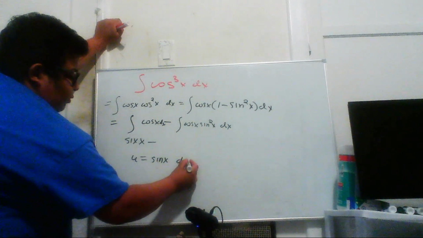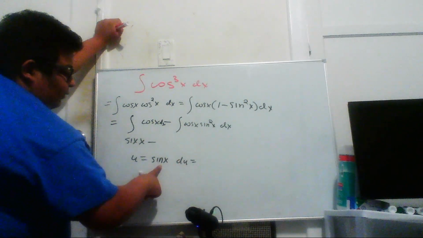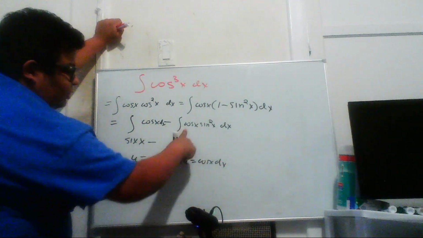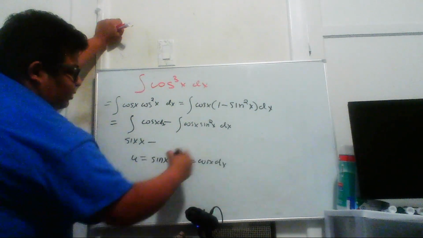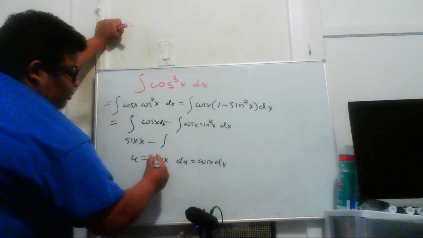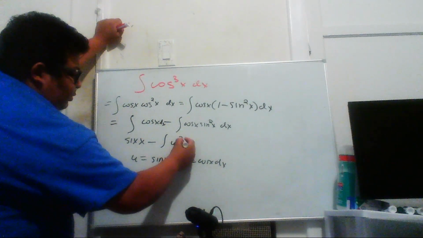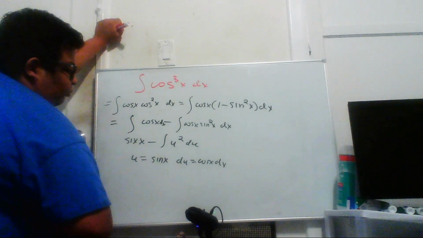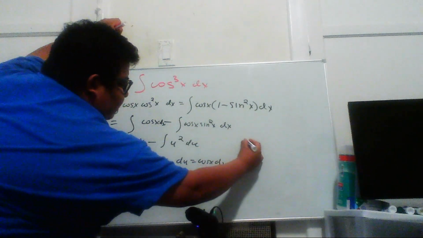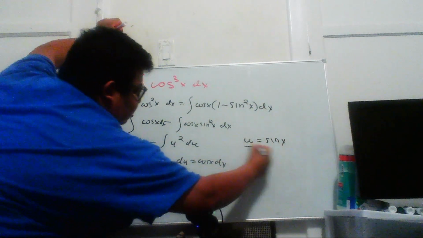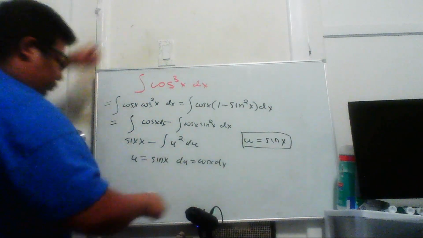And then du equals the derivative of sine, which is cos x dx, and we see here that we have cos x dx. So this integral becomes u squared du. So on the side I'm gonna put u equals sine x. Let's not forget this.